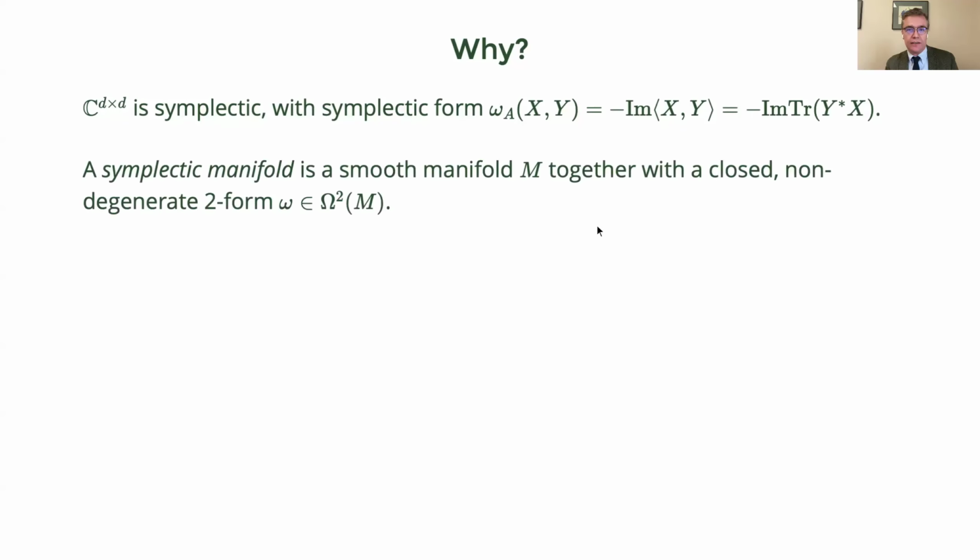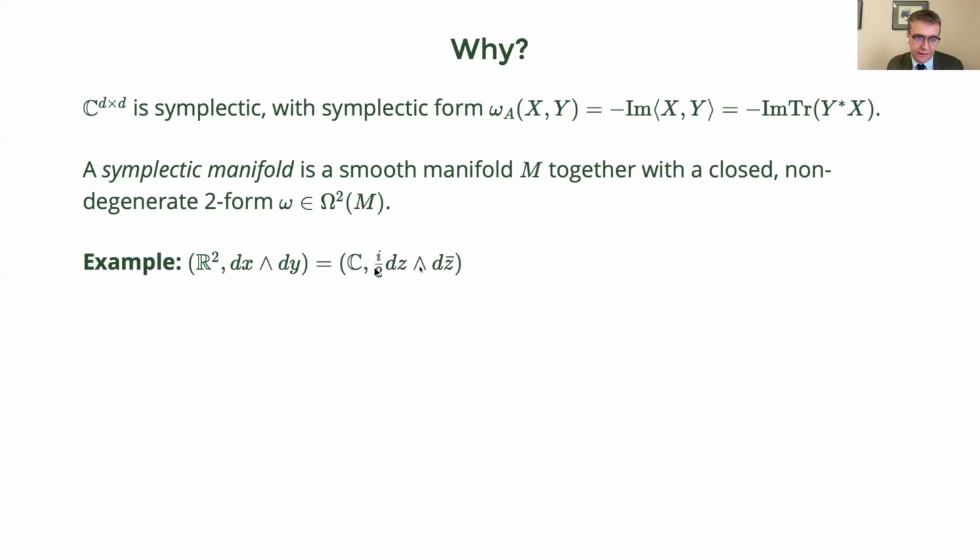More generally, a symplectic manifold is a smooth manifold together with something called a closed non-degenerate two form. So that's what this omega is. A two form means it's supposed to be some bilinear thing, and it's alternating, and then it's also supposed to be closed and non-degenerate, whatever those things mean. But the standard example is just to think about the plane with the standard area form.